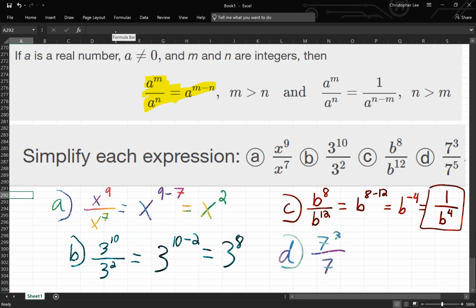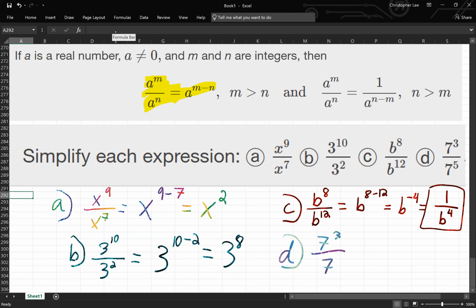So the quotient property for exponents shows us how to simplify a to the m divided by a to the n when m is greater than n, by subtracting exponents. But what if m is equal to n? We will simplify a to the m over a to the m in two ways to lead us to the definition of the zero exponent property.